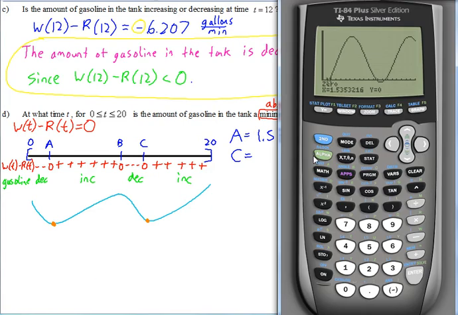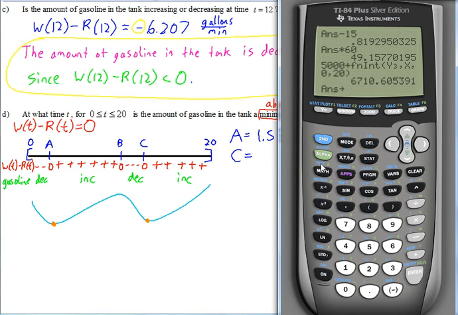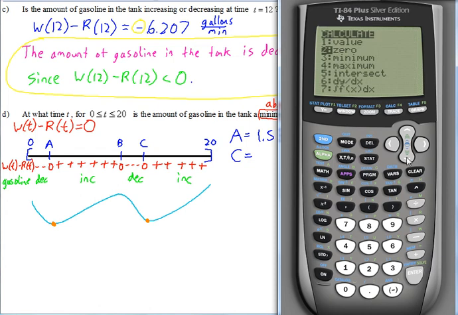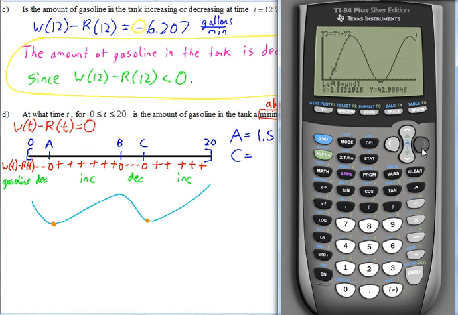And then let's find, well, let's store this first. Second quit, store alpha A. And then second calc, 2 zeros, left bound. This time I've got to be careful there, because I don't want it to go and find both of these, just want to find the other one here.